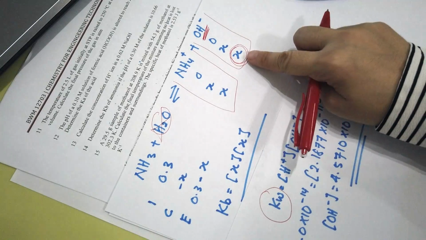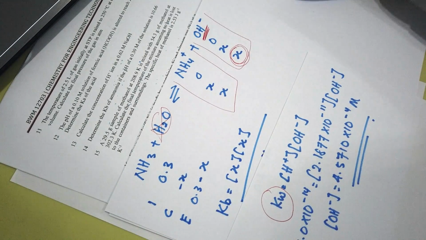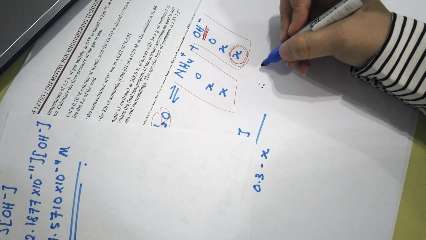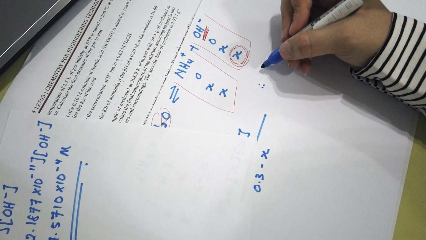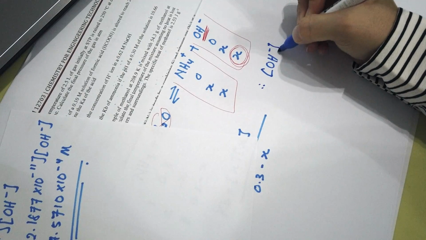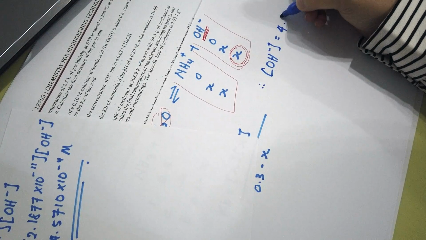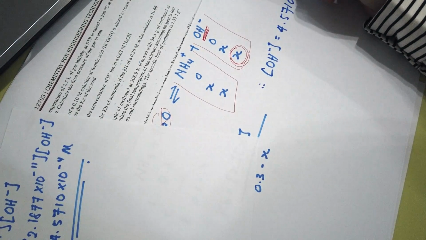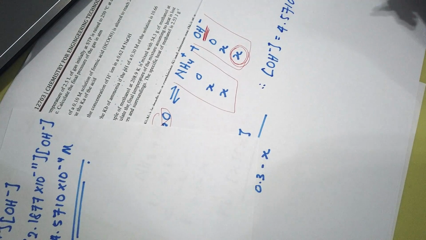So you can say that your X is actually equivalent to 4.5710 times 10 to the power of negative 4.